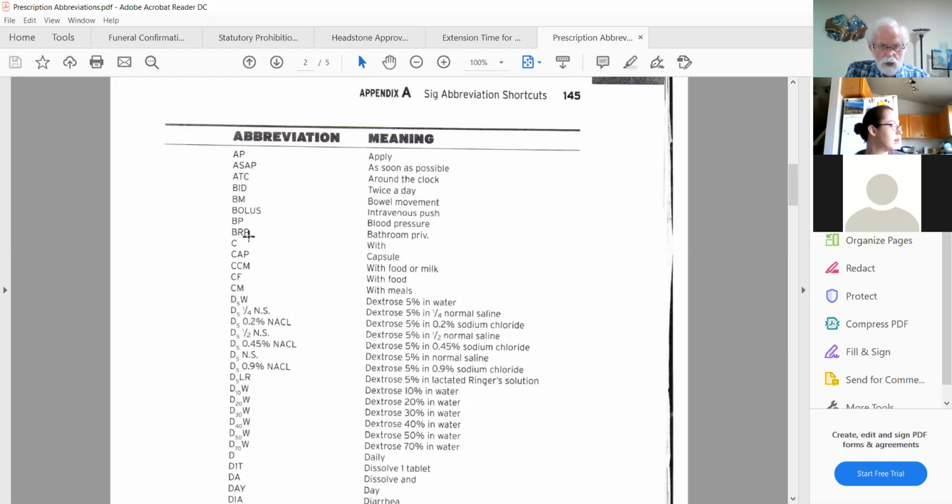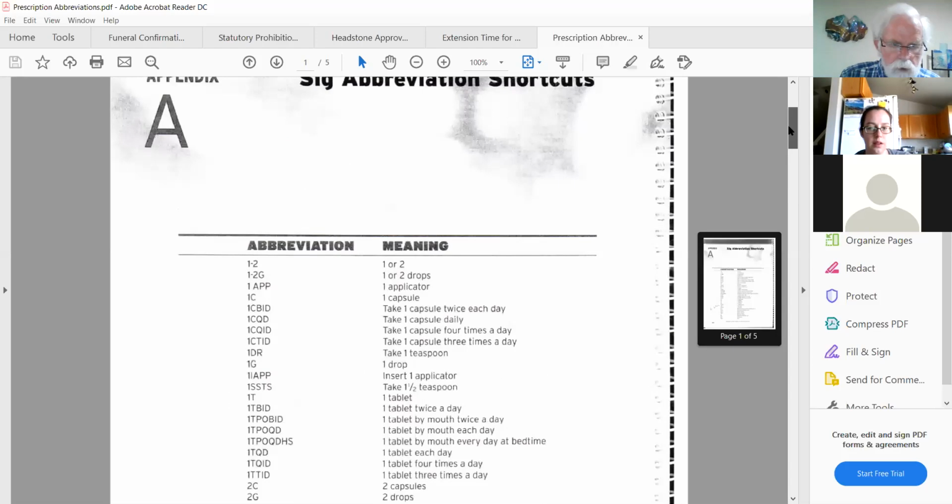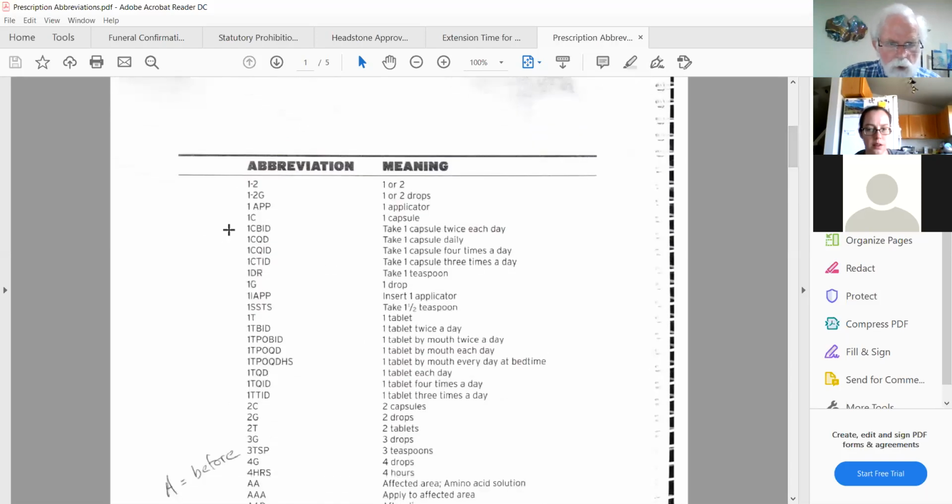C always by itself should mean with. With the exception of, you saw where we had, let's go back up to the top. We might see 1C meaning capsule. Again, this is not a good abbreviation because C also means with. It comes from the Latin word cum, C-U-M, which means with.